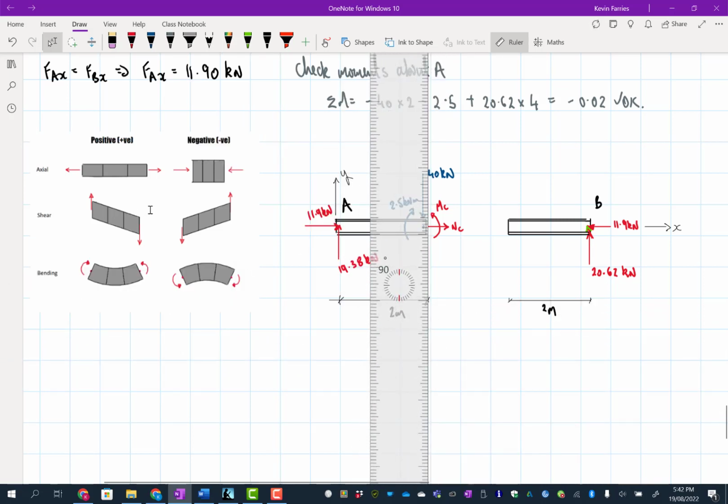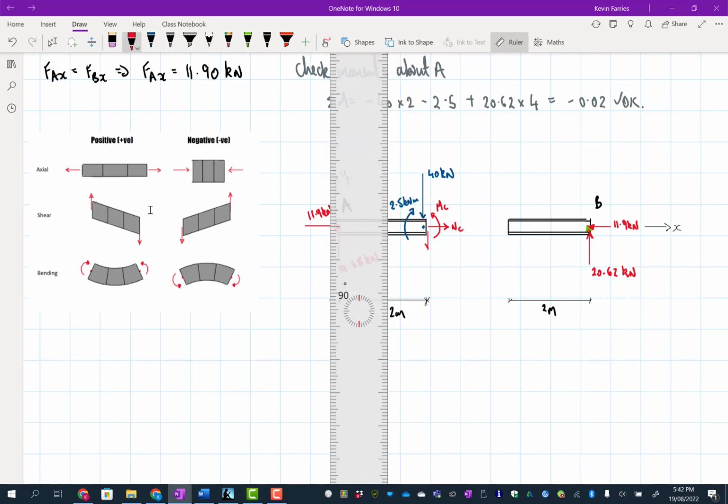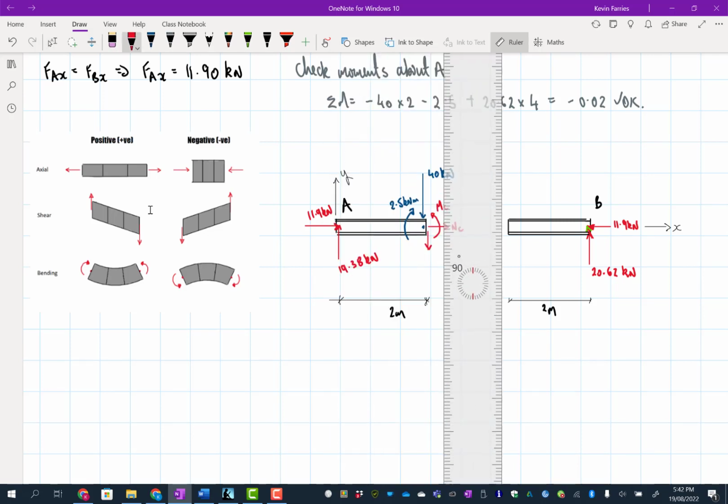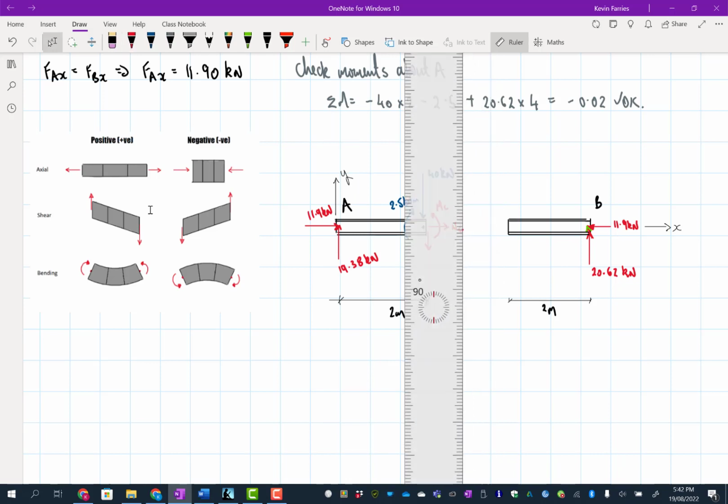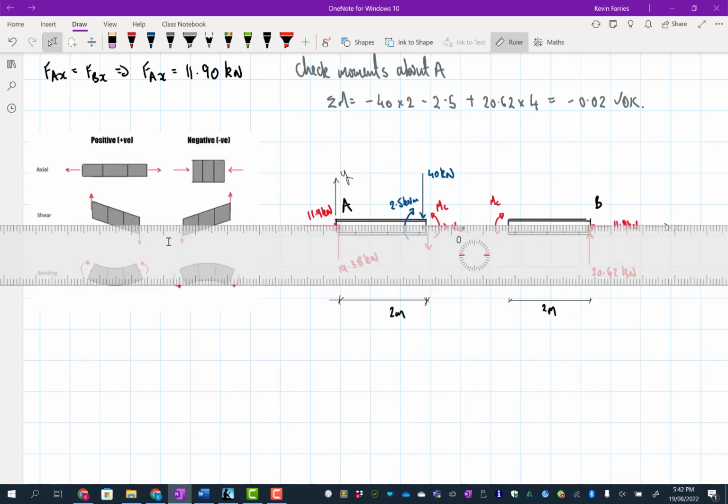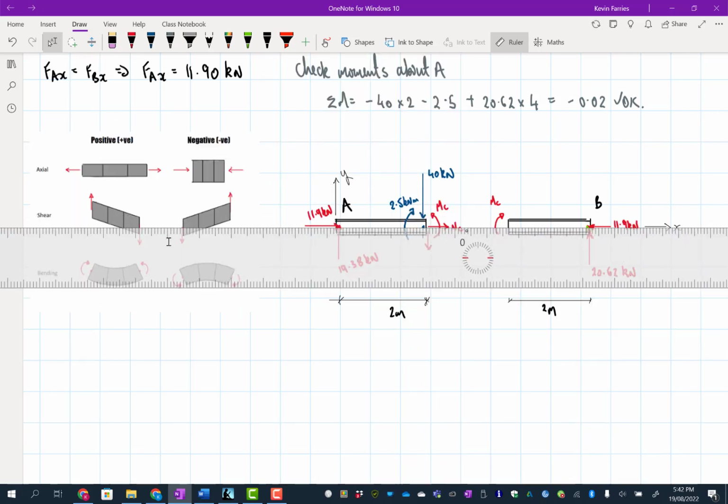And so this would be VC that way. Whereas on the other side, a positive moment is going to be this way. So that's going to be MC as well, because they're all identical. These have to be the same, because it's all the internal forces at the same place.